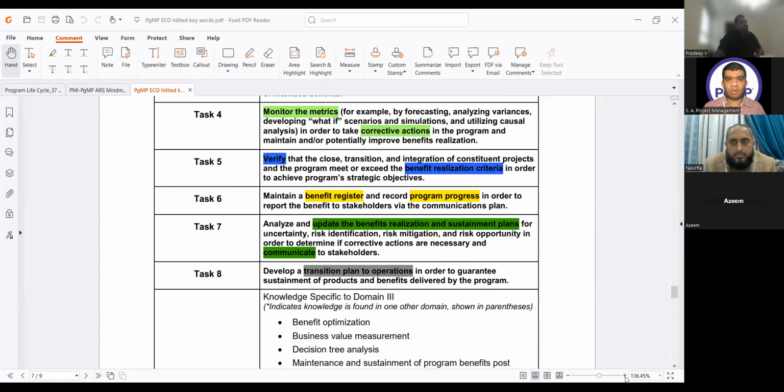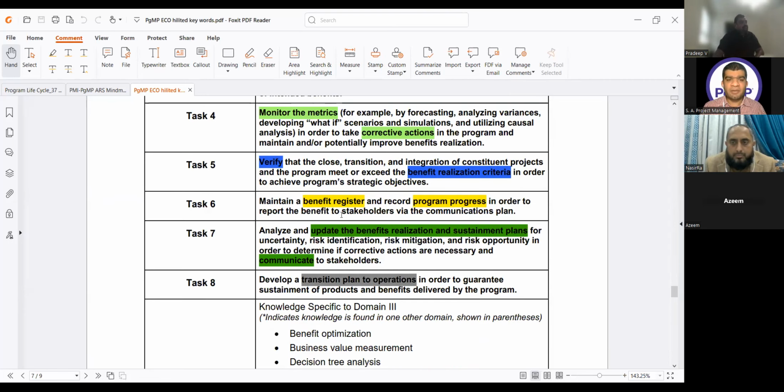In this case, he is talking only about reporting the benefits to the stakeholder, so the correct answer will be the benefit register. But in our case, the question was talking about the cost and benefits and overall performance of the program. So the correct answer in that case is A.